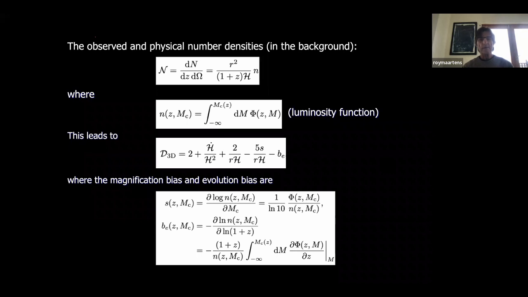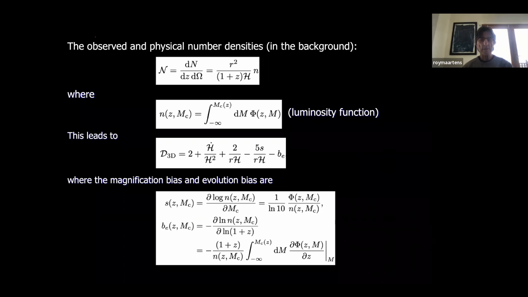So if I feed this information into the formula for D3, the three-dimensional dipole magnitude, we find a factor 2 plus two Hubble rate terms, where the cosmology comes into the dipole, H dot over H squared plus 2 over rH. And then a final two terms, which involve the magnification bias S and the evolution bias BE.